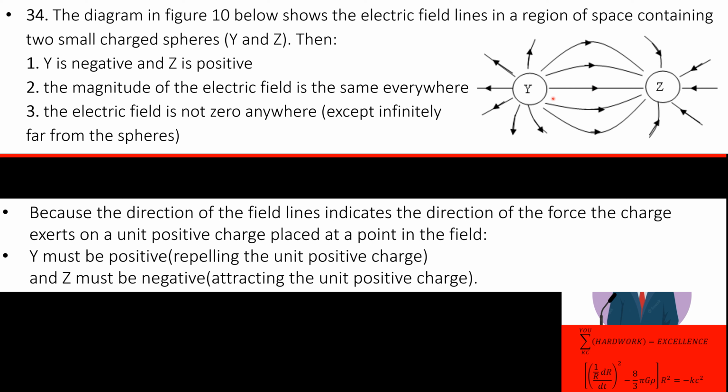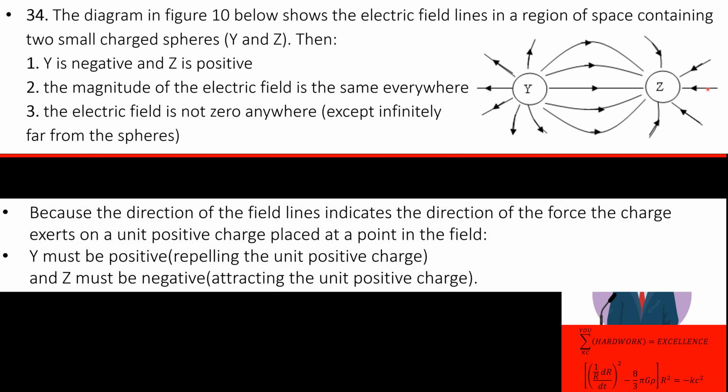Now, if I come away from the line joining their centers, so if I get over here or over here, you notice that the electric field here would not be enhanced, they'll be opposing each other, and so the electric field due to Z and the electric field due to Y can get to a point where they basically cancel out, and you have zero electric field.